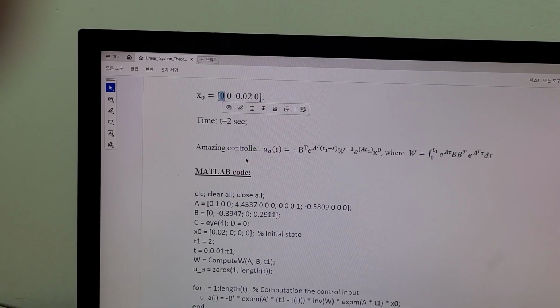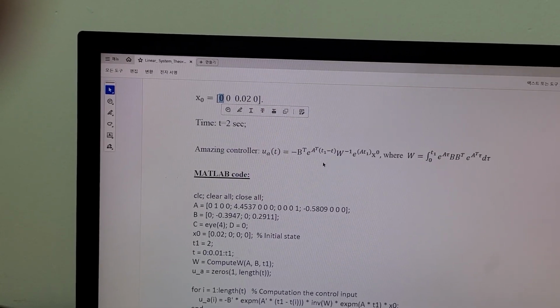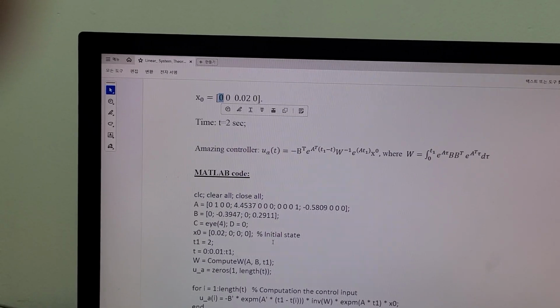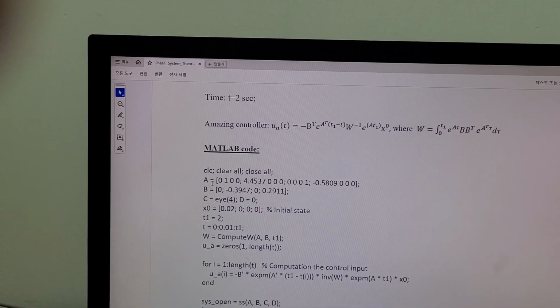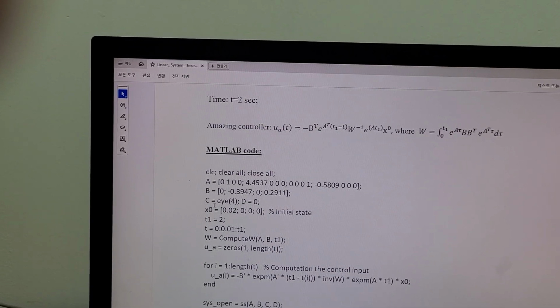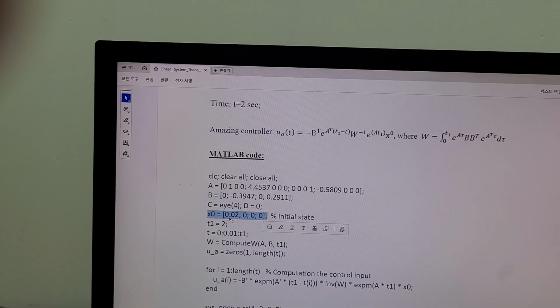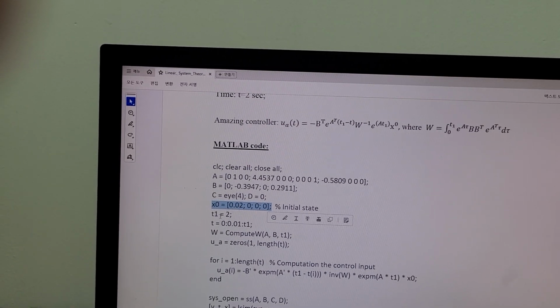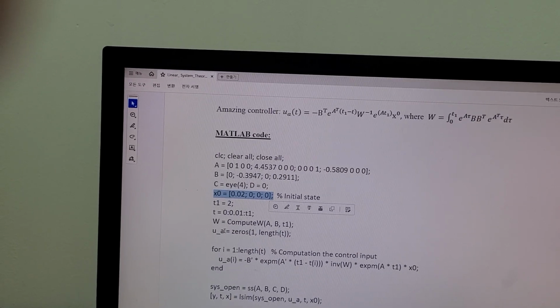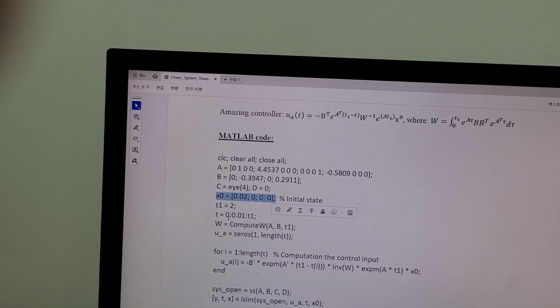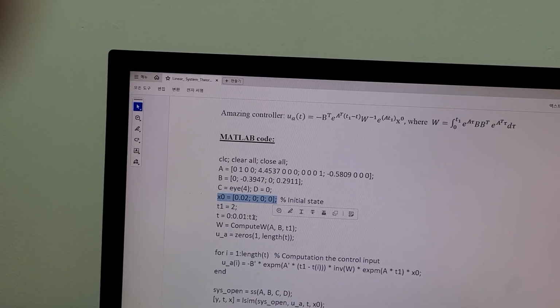By the minimum energy controller u(t), we have this system. We are simulating this problem for 2 seconds, and this is the system matrix A, this is B, this is C, and this is the initial condition here. This is rightly placed here, and now t1 is equal to 2 seconds. Now we calculate the time that should go from 0 to t1, which is equal to 2 seconds.